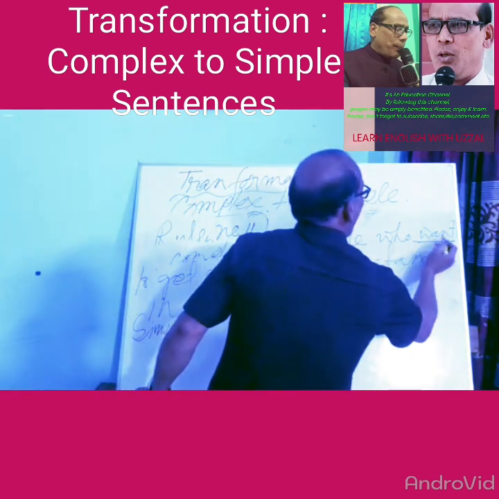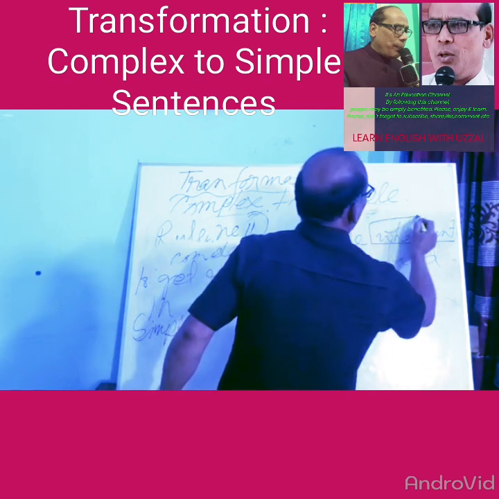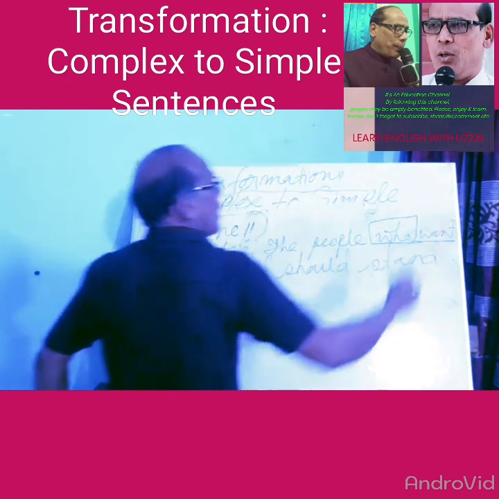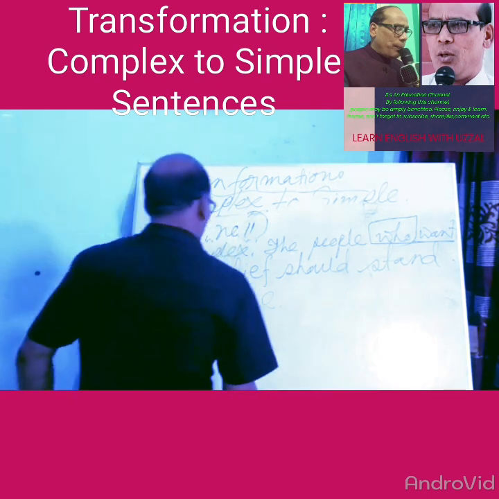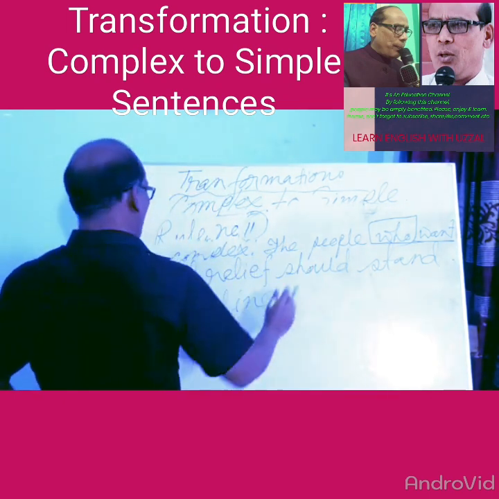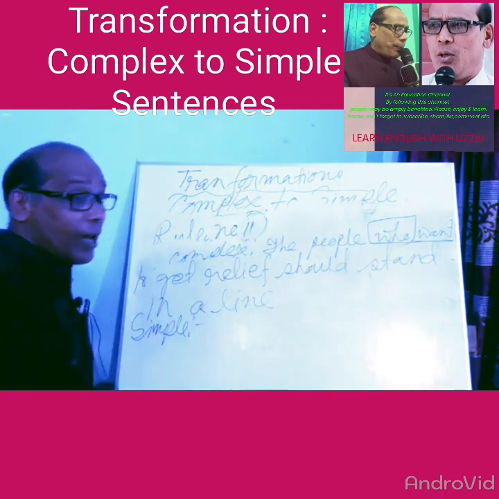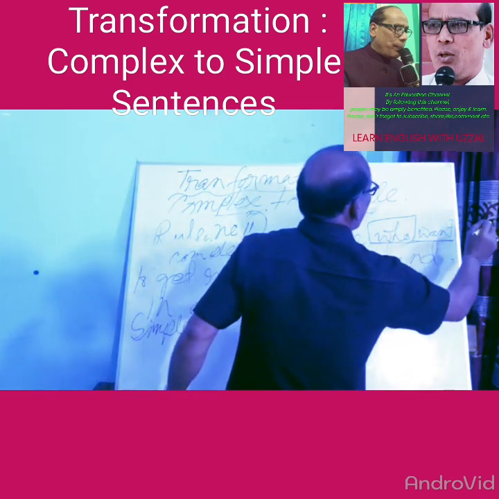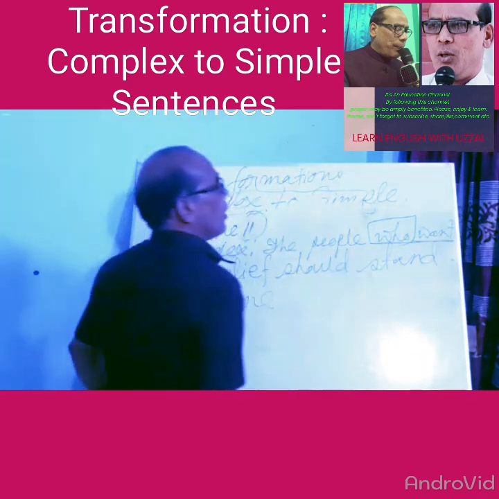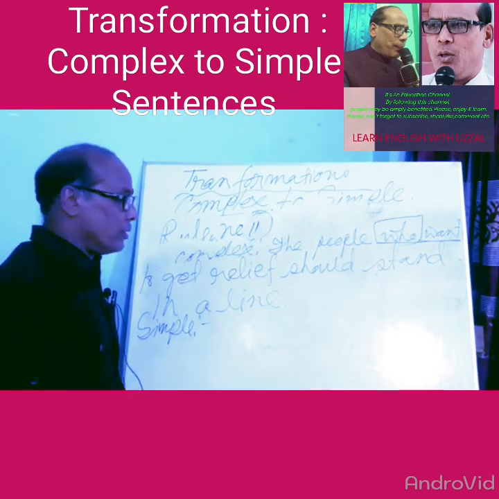Here, want, and accordingly the relative pronoun will be omitted, and the ing form will be added to the verb want. So the people wanting to get relief should stand in a line. Very easy. Only the relative pronoun will be omitted, and the main verb will take the ing form.